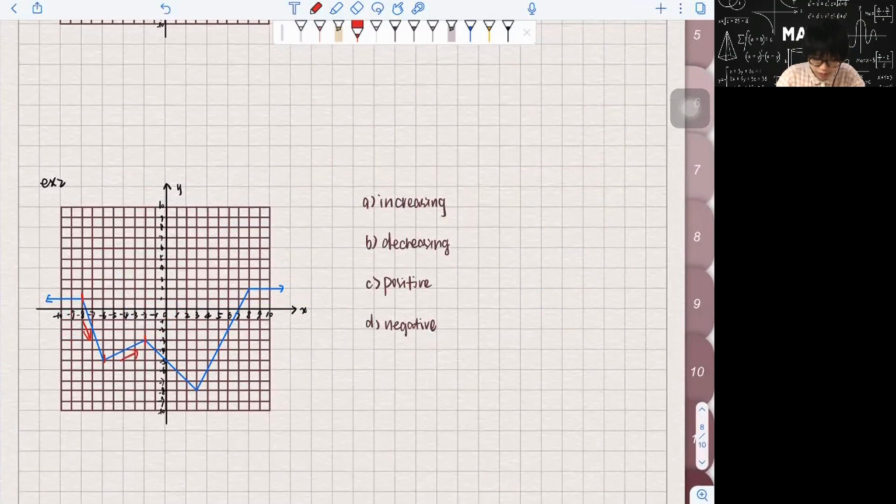From -2 to 3, the gradient is negative, so it's decreasing. And from 3 to 8, it's increasing. Hence, the increasing parts are from -6 to -2, and from 3 to 8. The decreasing parts are from -8 to -6, as well as from -2 to 3.